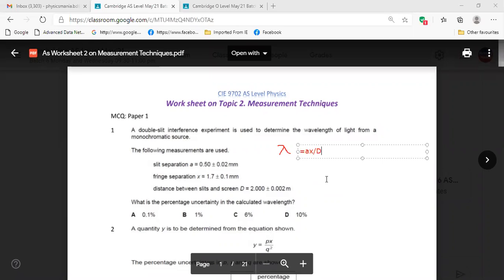To get percentage uncertainty, you should get fractional uncertainty first. Fractional uncertainty in lambda. They are saying in the calculated wavelength, so in lambda. So how to get fractional uncertainty?